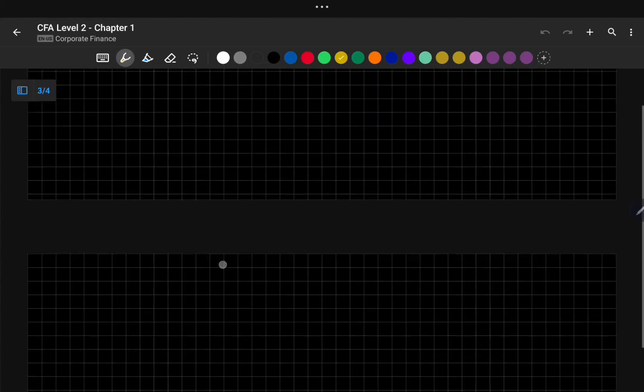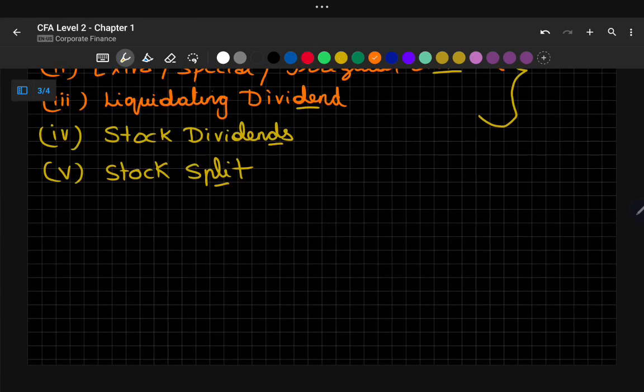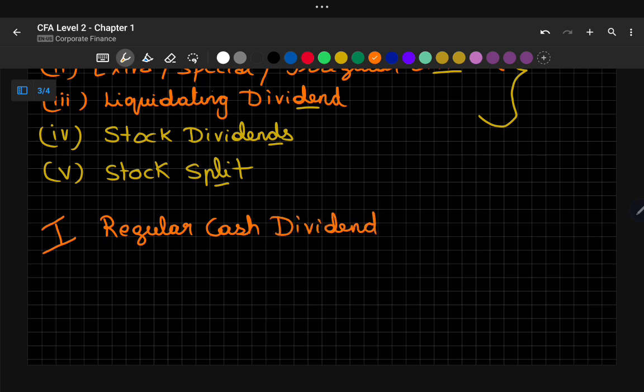Now let us understand what is a regular cash dividend. The name itself suggests, right? It means that the company distributes dividends on a regular schedule.